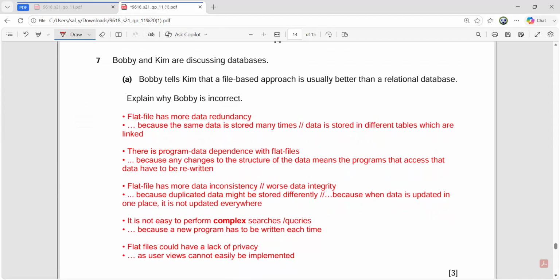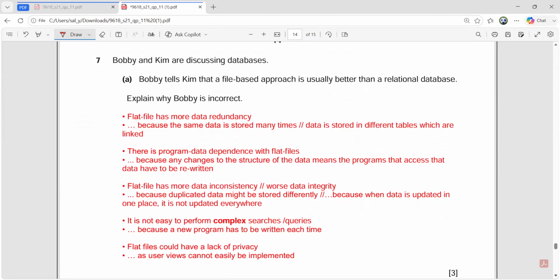Or the data is stored in different tables which are linked with each other, and that is resulting in data being redundant, or data being the same, stored many times. This is the first reason that the flat file is not a good choice. Second one, there is program data dependence with flat files, which means that any changes to the structure of the data mean the programs that access the data have to be rewritten.